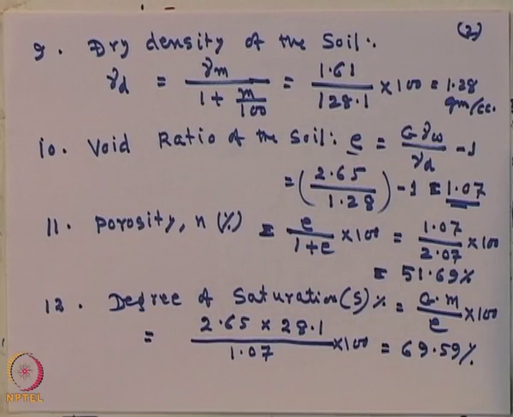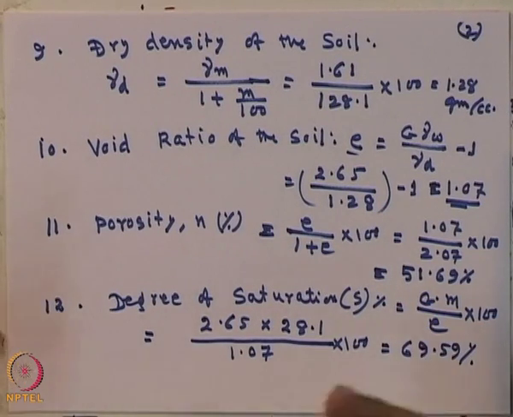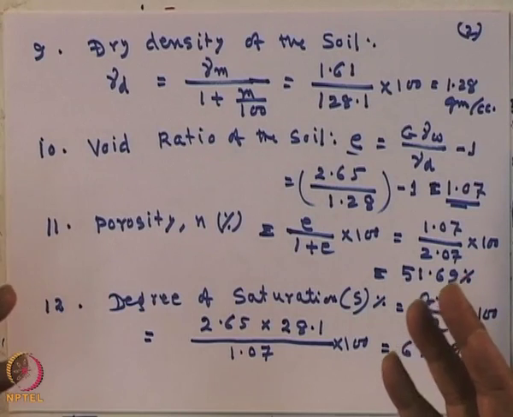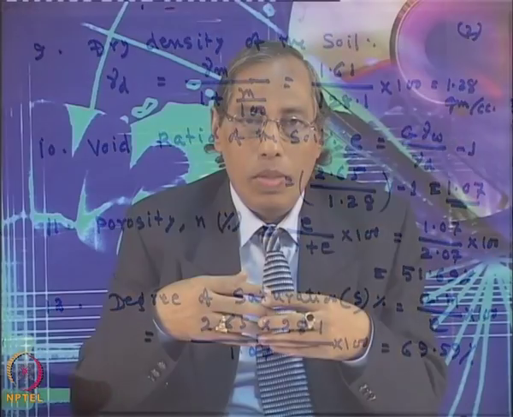So, from this core cutter method of field density, you can determine the dry density of the soil, the void ratio, which is very important, the porosity, and the degree of saturation. These are all important parameters, and it is a realistic test because you are performing the density test in the field.